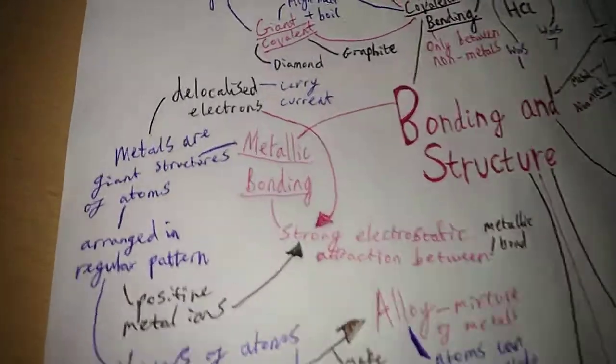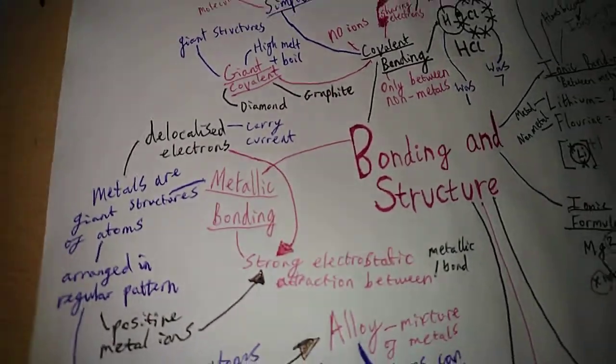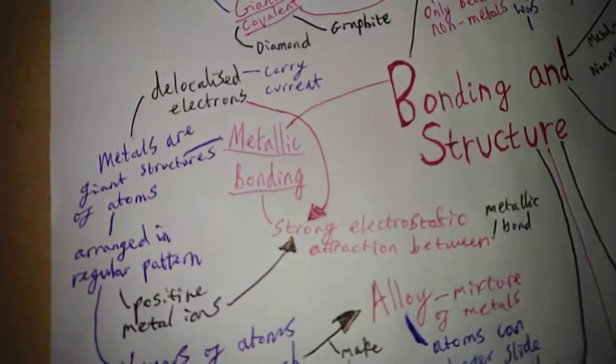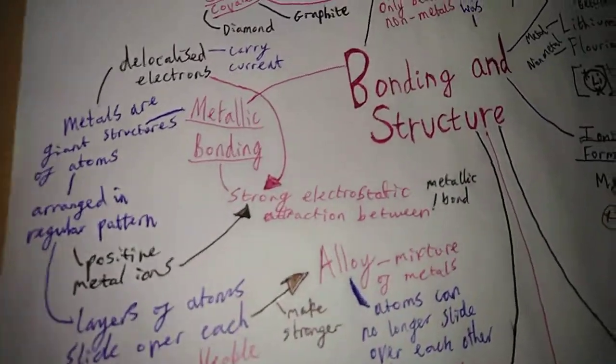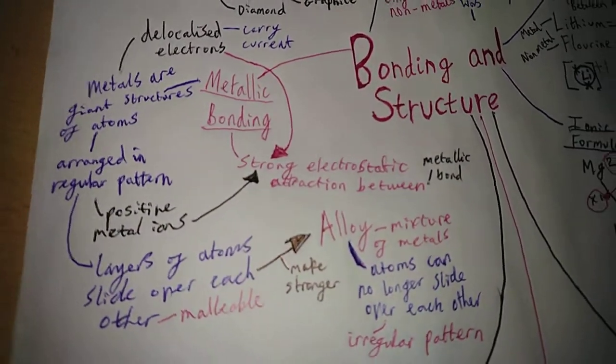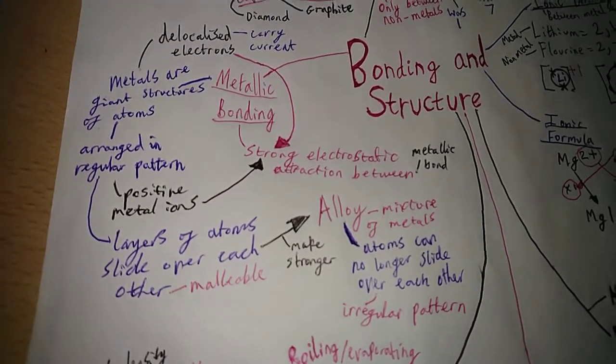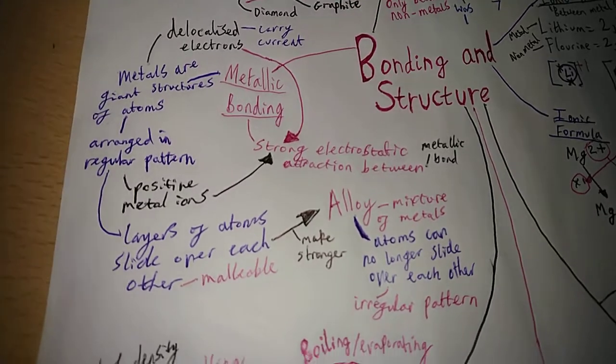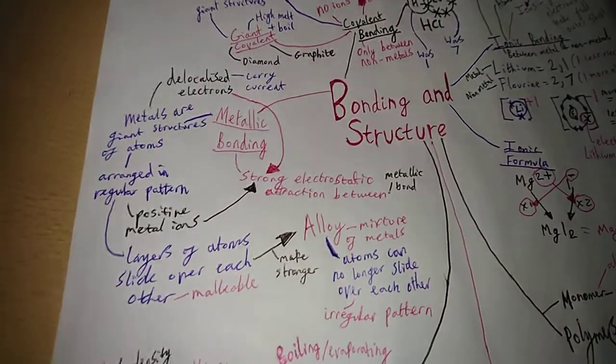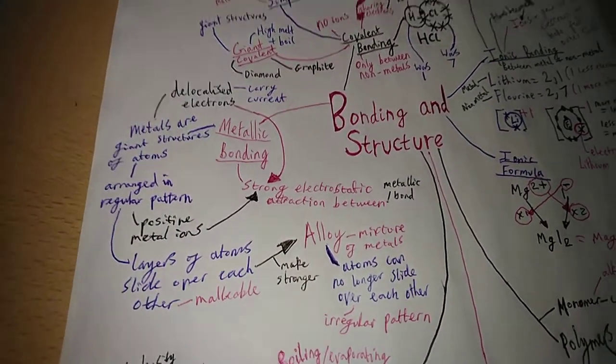These delocalized electrons that carry current are often known as a sea of delocalized electrons. If you're asked to describe the structure of a metal and metallic bonding, you may want to say that there are positive metal ions surrounded by or in a sea of delocalized electrons.